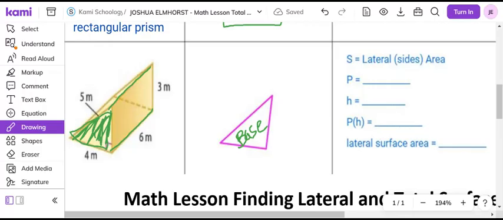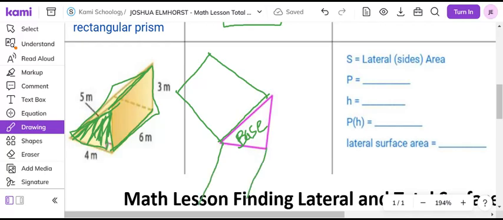And it's going to look unusual, but each one of these faces are rectangular. So here's a rectangular face. Here's a rectangular face. So we just draw a rectangle going out and a rectangle going out and a rectangle going out.